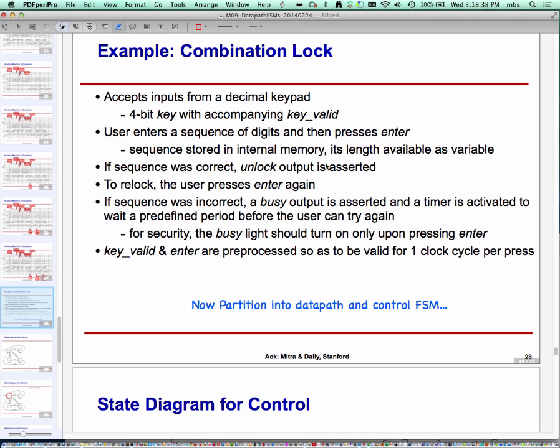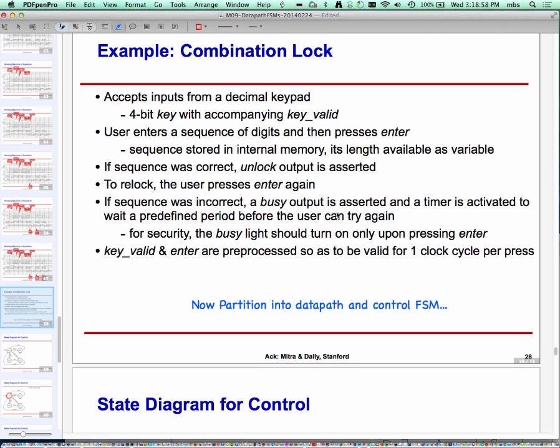So there's a mechanism in the lock, and you're going to send it an unlock signal. To relock, the user presses enter again. If the sequence was incorrect, a busy output is asserted, and a timer is activated for a predefined period of time before the user can try again.